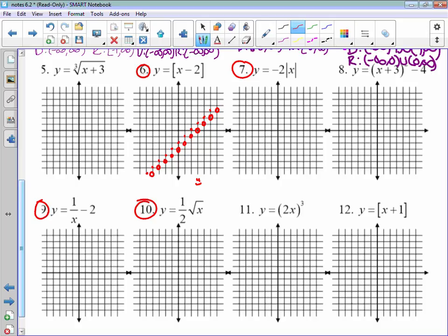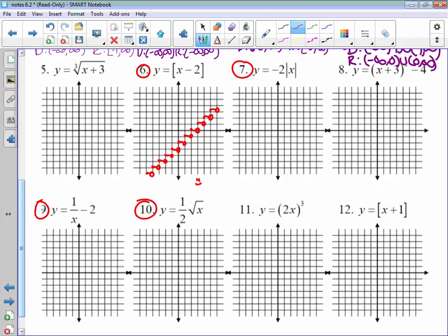So, you're going to connect them. Alright guys, that's the graph for 6. It's just shifted to the right too.